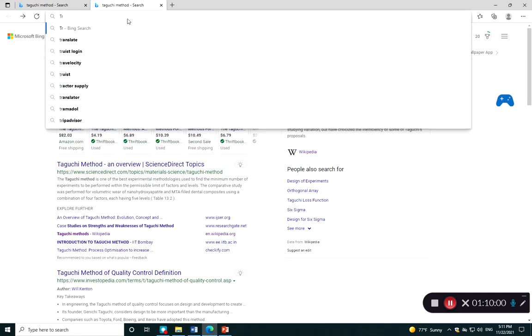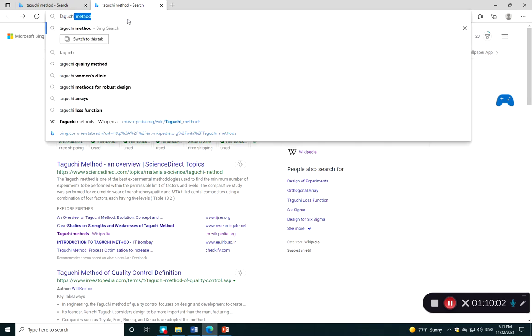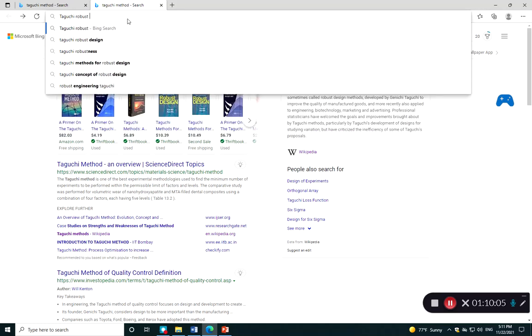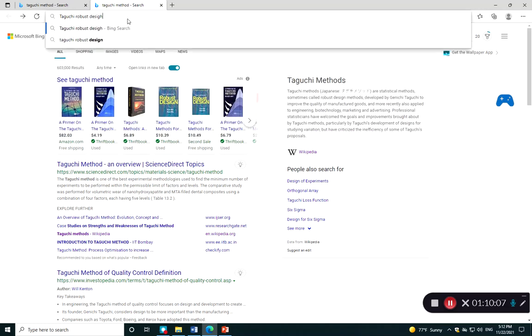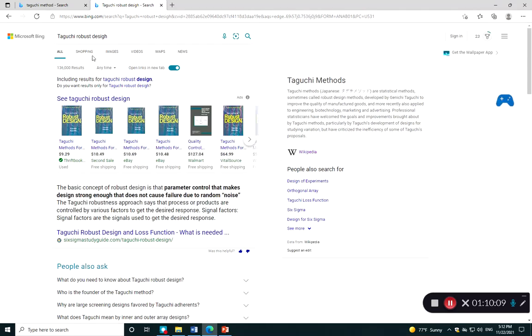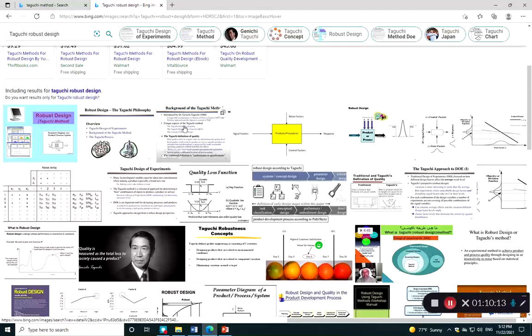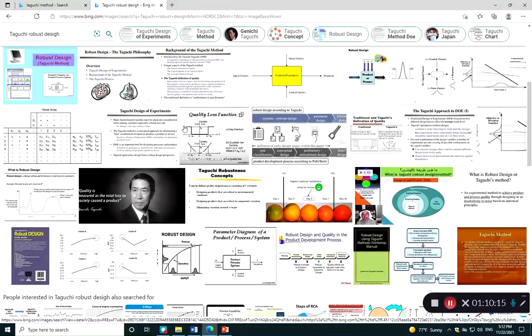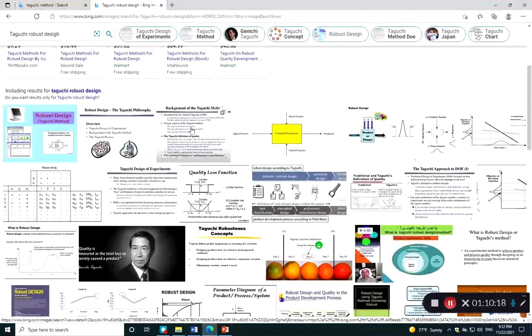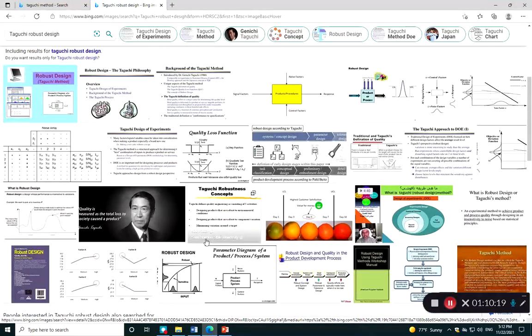So I would like to talk about Taguchi robust design. What does it really mean? The robust design is something like this.